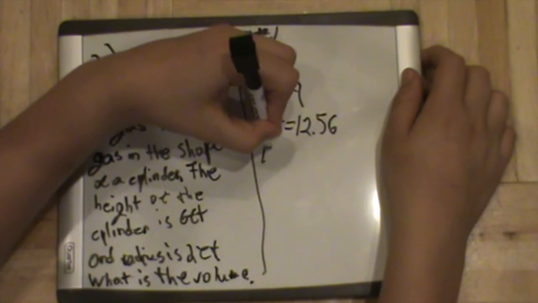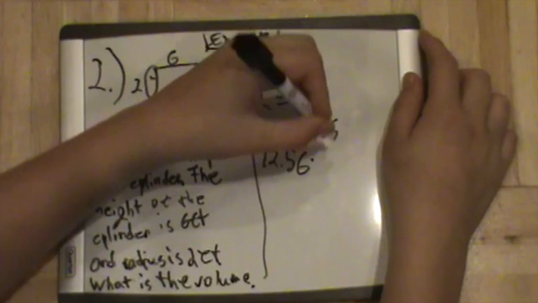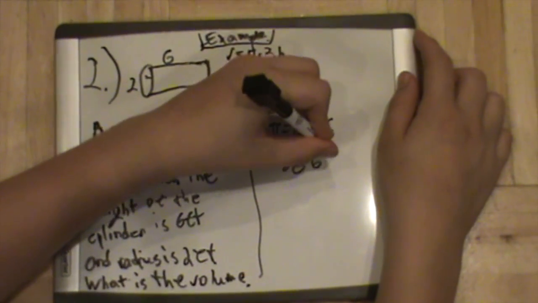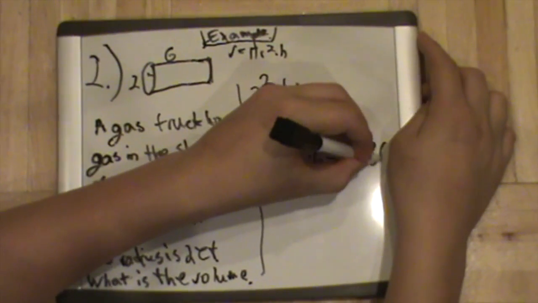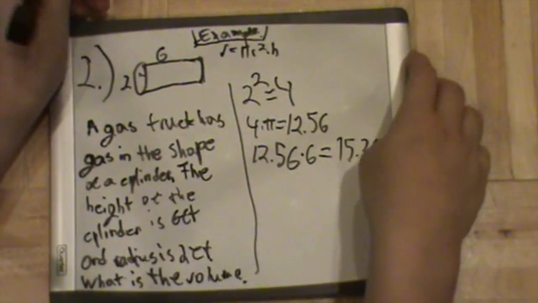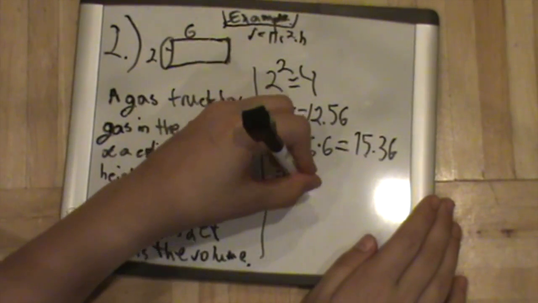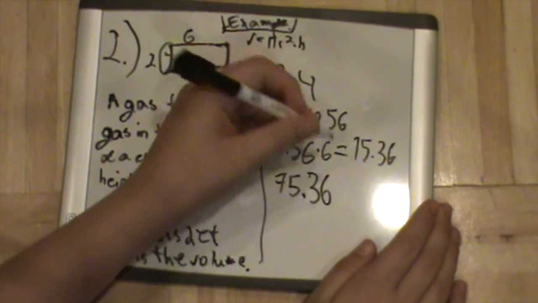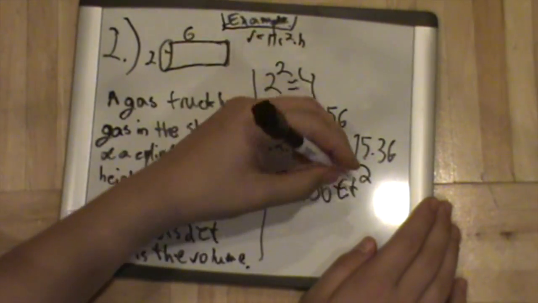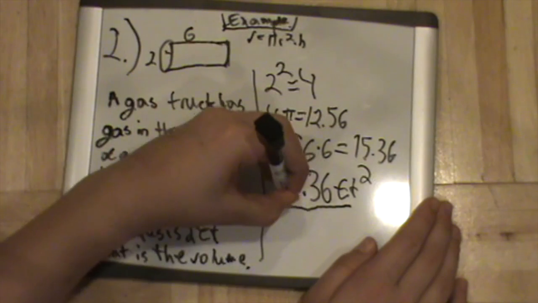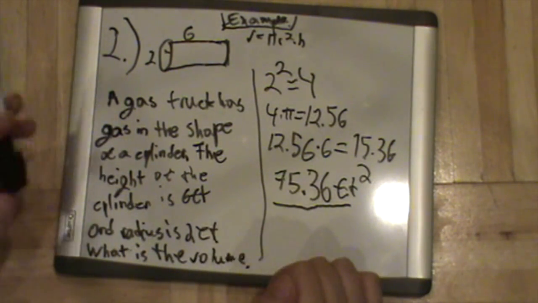Then we do our 12.56 times our height, which is 6, and it gives us 75.36. So our answer is 75.36 feet squared. And that's the volume of the cylinder.